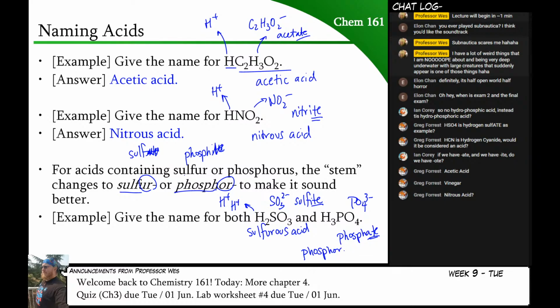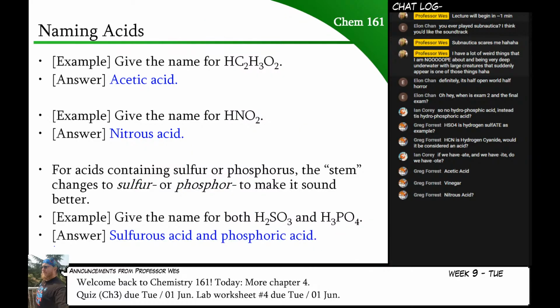It's phosphoric acid. Now, a lot of these acid names you've probably heard before, so this is just how we're getting to them. Like, I think anybody who has any interest in automobile racing has probably heard of nitrous. I believe nitrous is NO2.